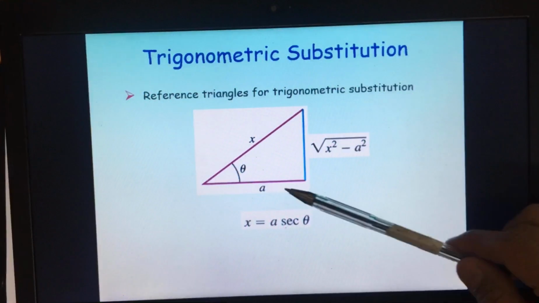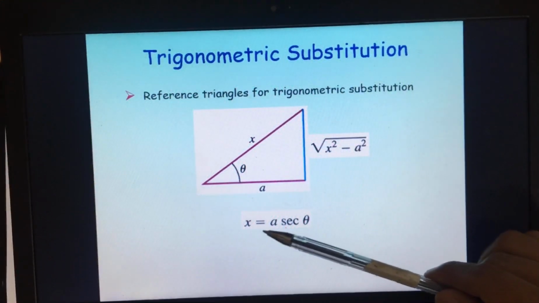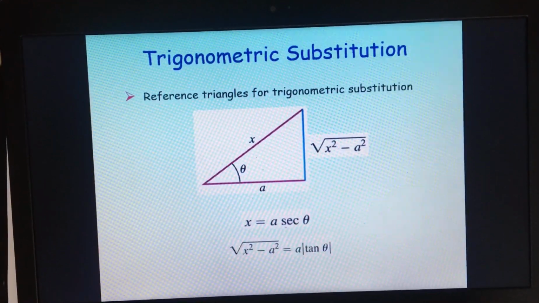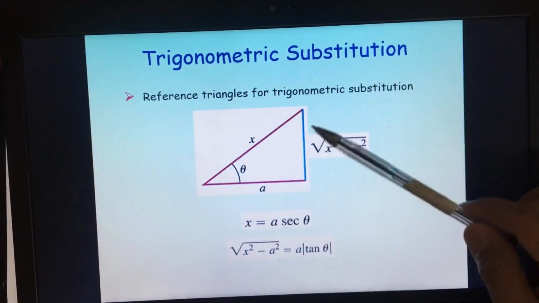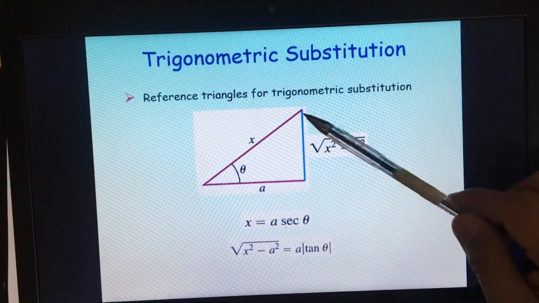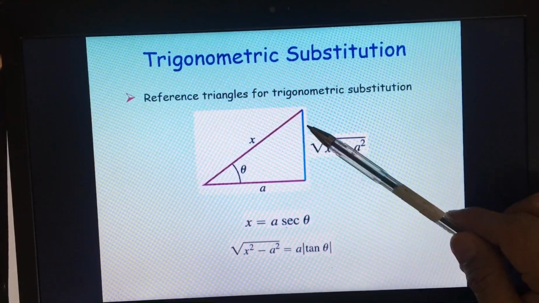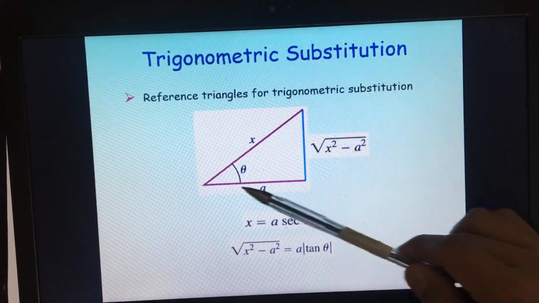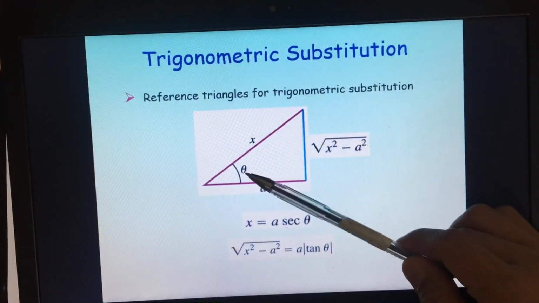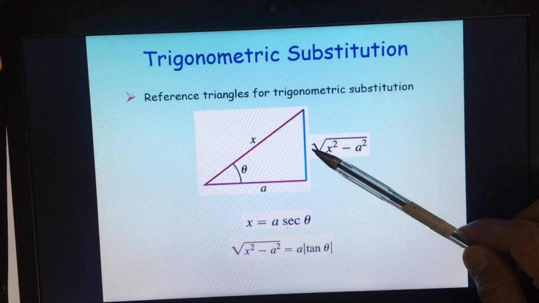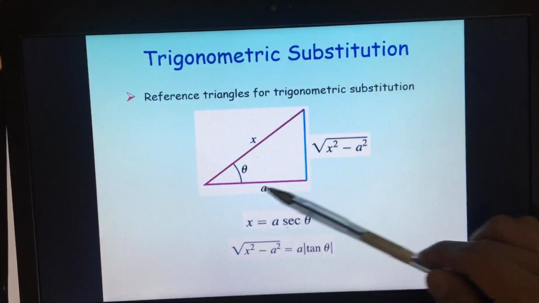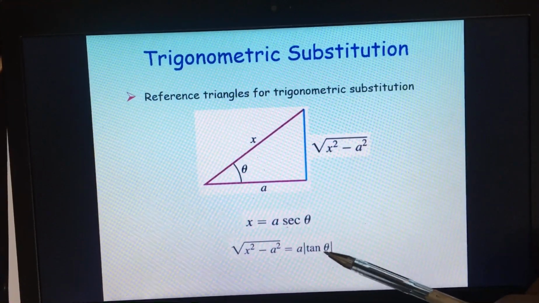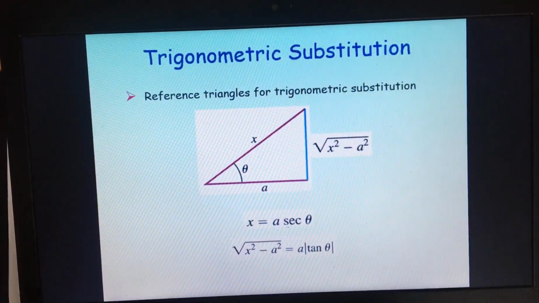Cross multiplying by a, we can solve x equal to a secant theta. Then to solve for this side, it's easier for us to use tangent because it involves this side and also this side here. Tangent of this angle theta is just opposite over adjacent. Cross multiplying by a, we get this side equal to a times tangent theta.